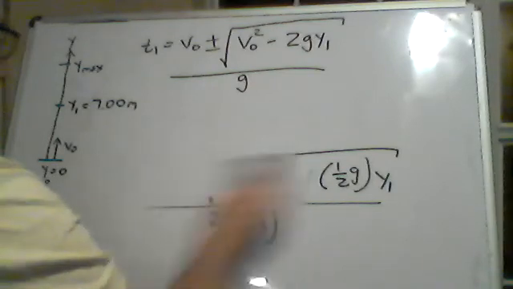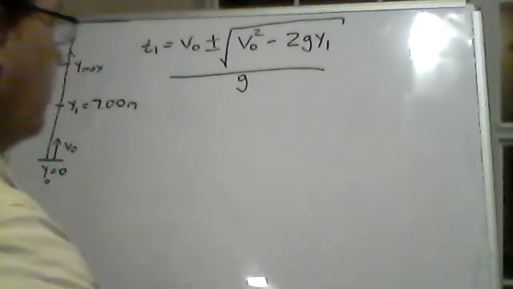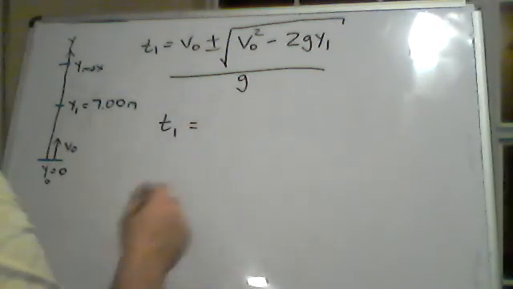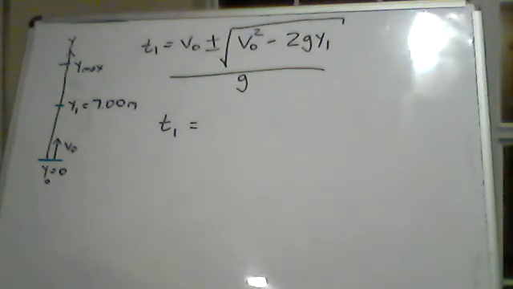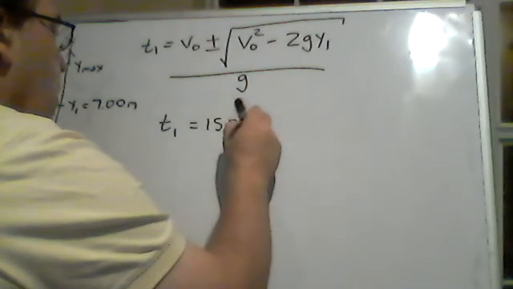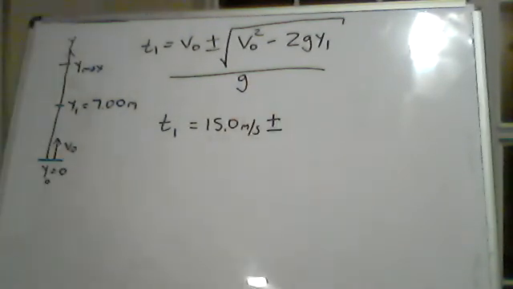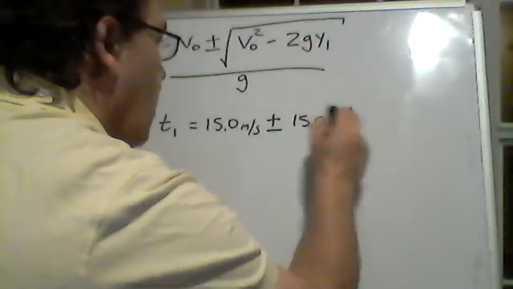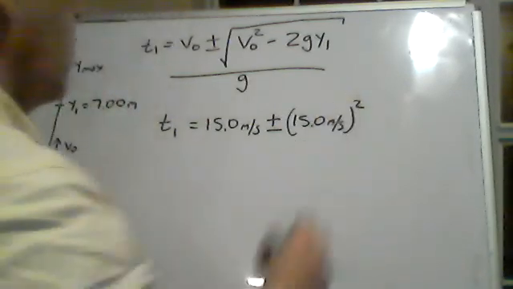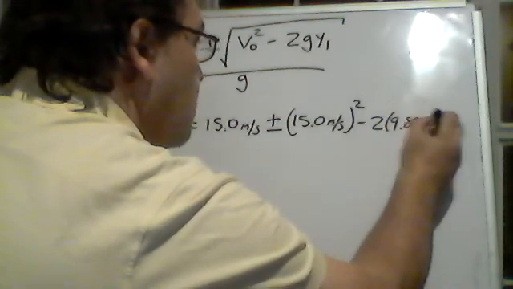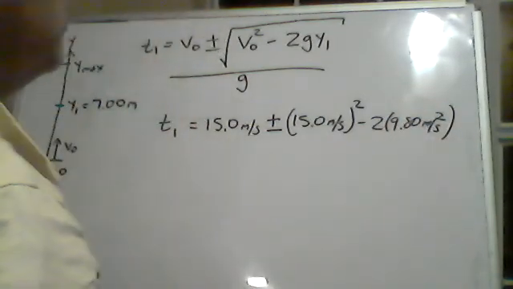All right, so now I'm going to put numbers in. So t1 is v naught. What do we say that v naught was? I think it was 15. Double check that. Yeah, it's 15 meters per second. Plus or minus the square root of 15.0 meters per second quantity squared, minus 2 times 9.80 meters per second squared times 7 meters.